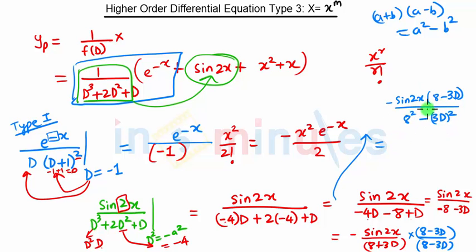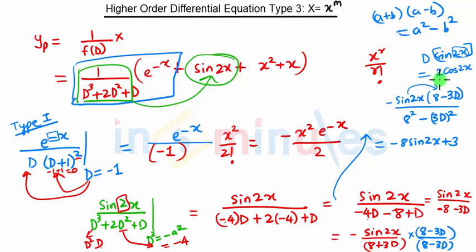So if we take this sine 2x inside the bracket, we will get 8 sine 2x, minus this minus and this minus will become plus. This 3 will remain as it is, and d into sine 2x is the derivative of sine 2x. What is the derivative of sine 2x? It is cos 2x, and the derivative of 2x is 2.